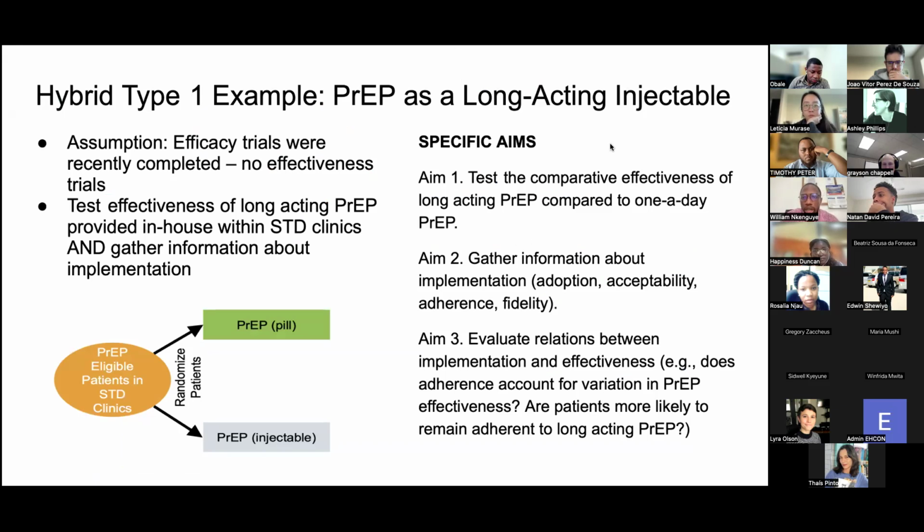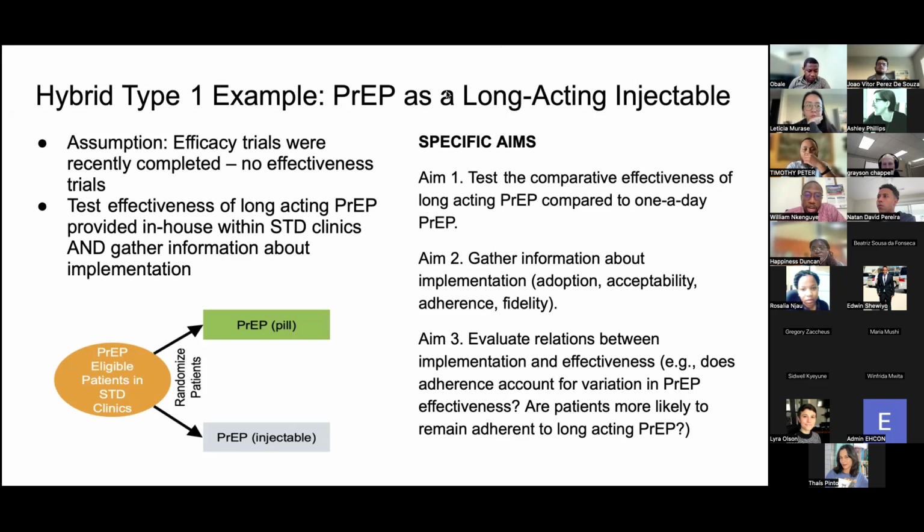In this study, I'll just assume that we are familiar with pre-exposure prophylaxis for HIV. There was a time when they were trying to investigate long-acting injectable as a pre-exposure prophylaxis for HIV.